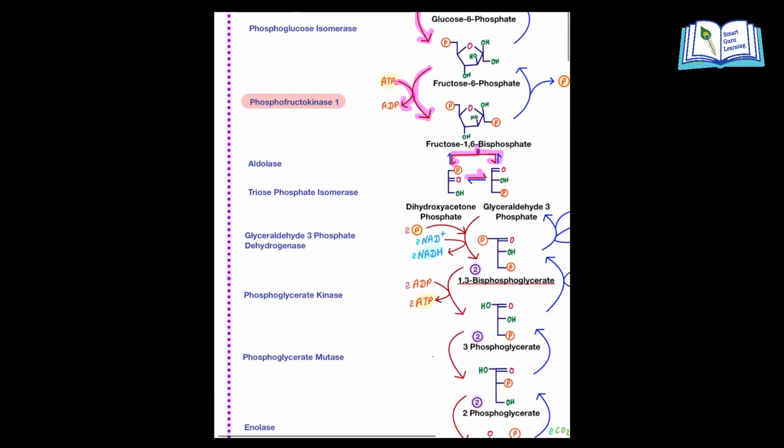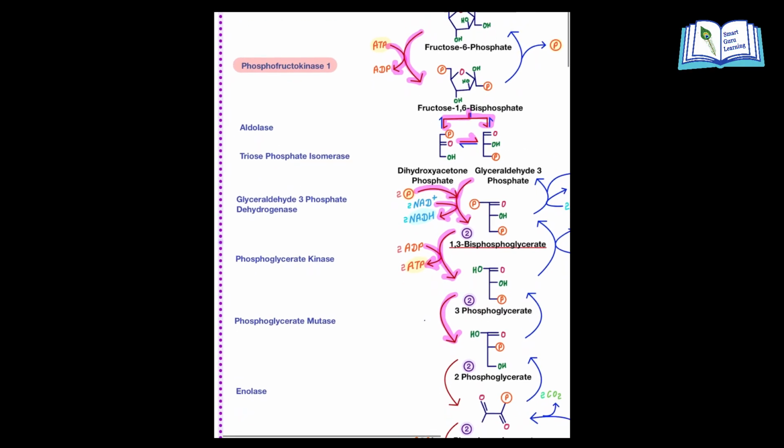Next, 2 molecules of glyceraldehyde 3-phosphate are converted to 2 molecules of 1,3-bisphosphoglycerate through glyceraldehyde 3-phosphate dehydrogenase, and this reduces NAD+ to NADH. Then, 1,3-bisphosphoglycerate is dephosphorylated as one of the phosphate groups is removed to form ATP.